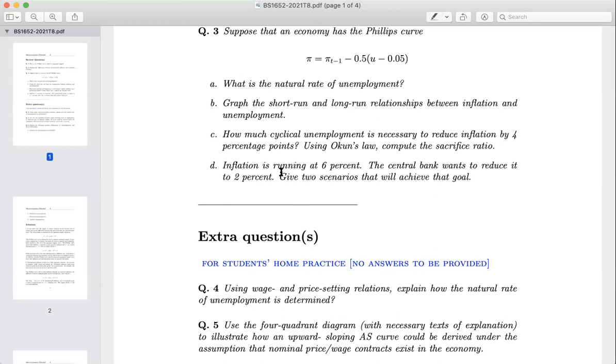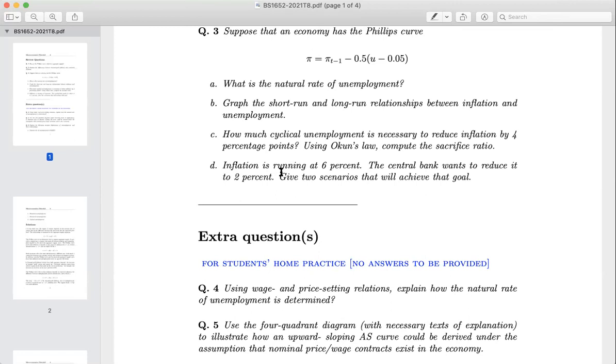The two scenarios here are: one, you could deal with a high unemployment rate in 1 year and bear the 8% GDP loss in that single year, or you could spread it over time. That's what I explained in the videos and in the slides when we did the recap.